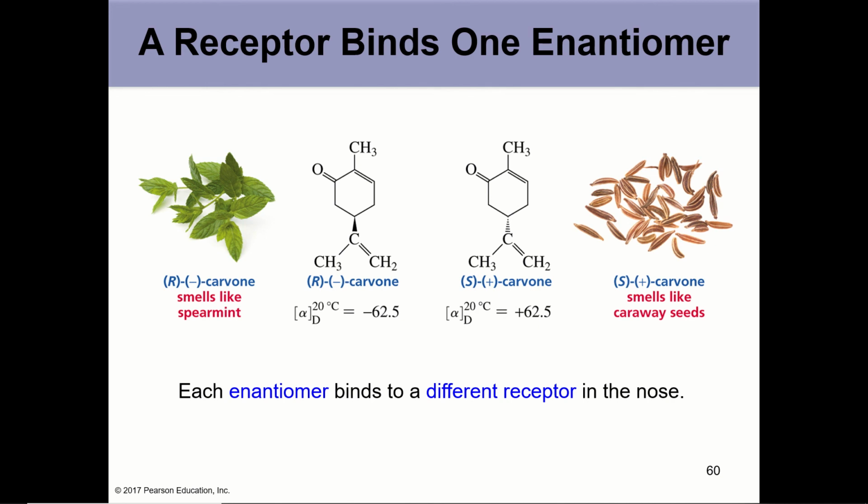One of the enantiomers of limonene smells like oranges, and the other enantiomer of limonene smells like lemons. I believe it's the R enantiomer that smells like oranges and the S enantiomer of limonene that smells like lemons. So they could be very similar as lemons and oranges, or different as spearmint and caraway seeds.